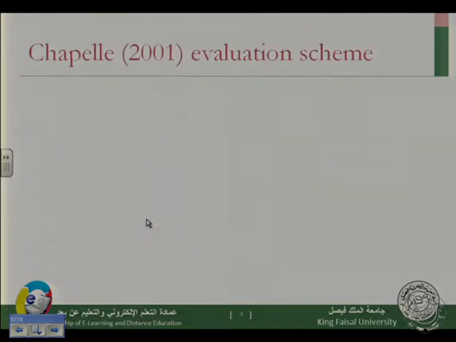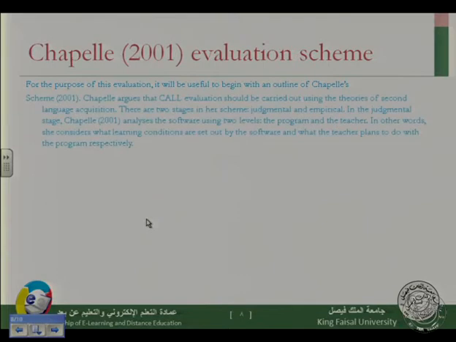So, Chapelle's 2001 evaluation scheme. It is useful to start with an introduction of Chapelle's scheme of 2000. Chapelle argues that CALL evaluation should be carried out using the theories of second language acquisition. So we should link this evaluation to second language acquisition. Why? Because we are using this software to enhance second language learning.